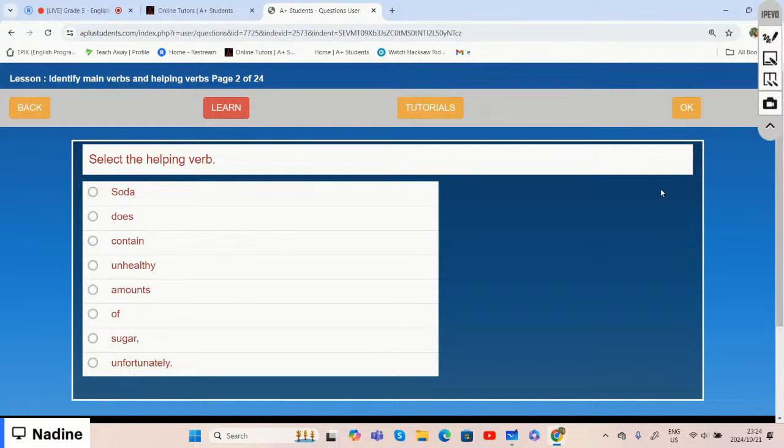So soda does contain unhealthy amounts of sugar. Which one is correct?